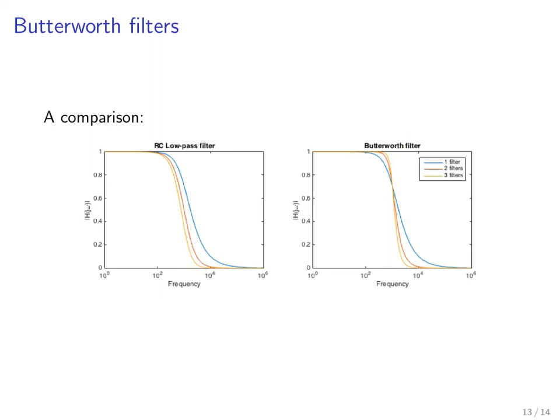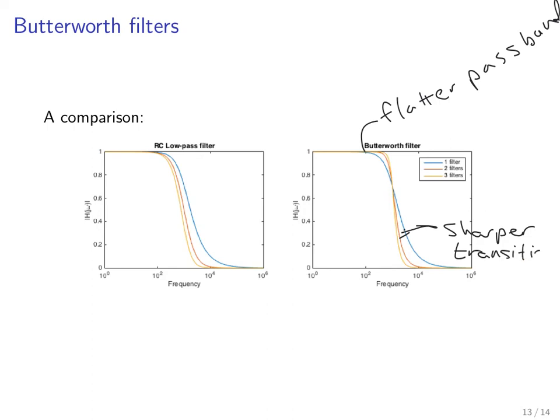So you get a much sharper transition, and a much flatter passband across a wider range of frequencies, which is good, because really with a low-pass filter we would like a rectangular shape. And we also get a sharper transition than we do with the other filters.